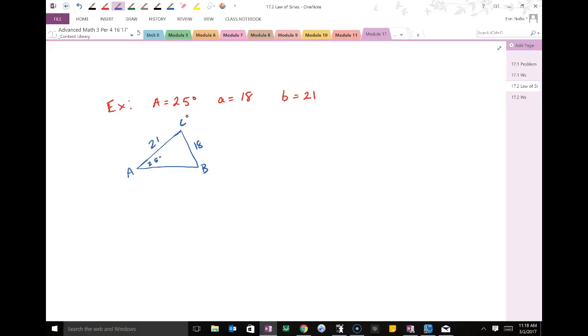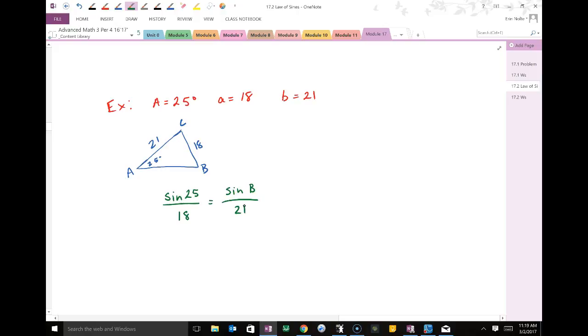Okay, so let's solve this. Remember, we're using law of sines. How would you set this up first? Okay, good. We know the A's, so we're going to start with the A's. So we're going to have the sine of 25 over 18, and the only other piece of information in the triangle is side B. So the first thing I have to find is my angle B. That's going to be equal to the sine of the angle B over 21.